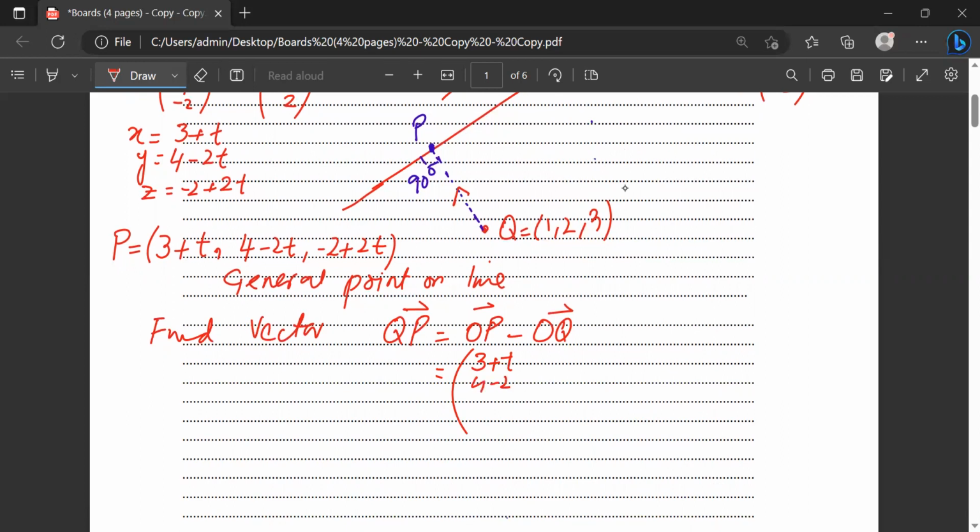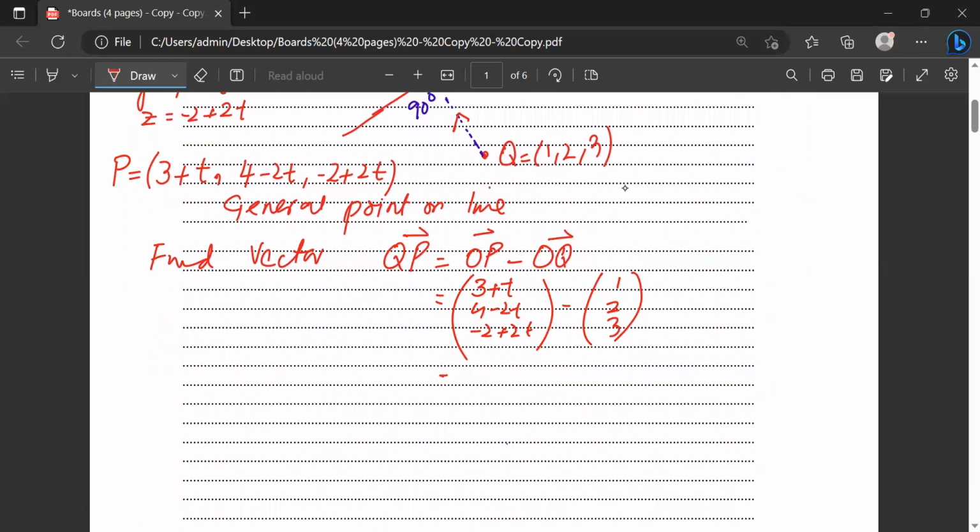Keep in mind that we are trying to find the value of t for which the point on the line is closest to the point Q. Q is (1, 2, 3). If you simplify, you get 2 plus t, then 2 minus 2t, then 2t minus 5. So here we have the vector QP in terms of t.